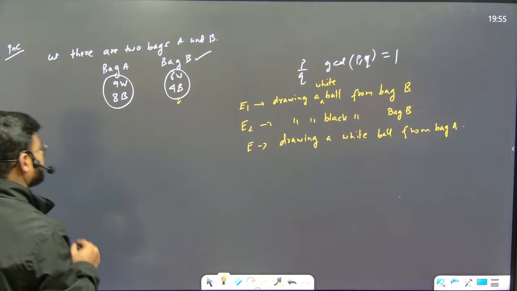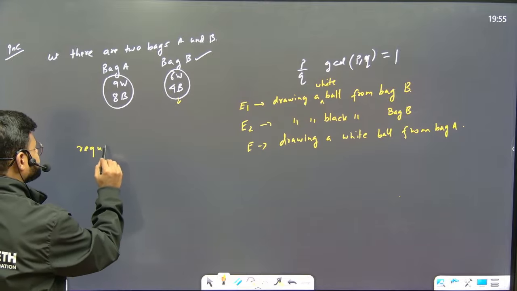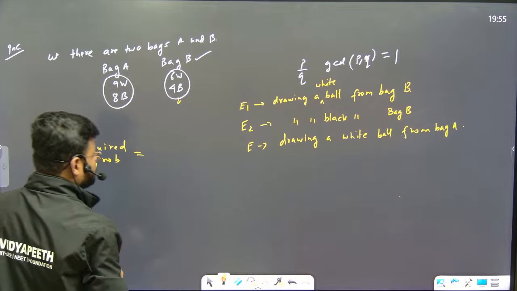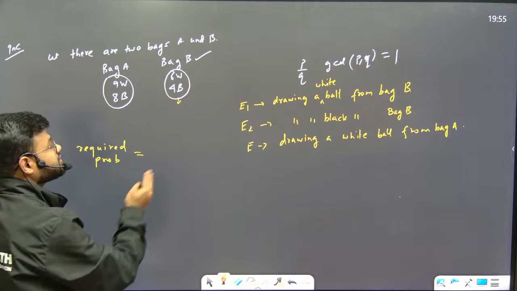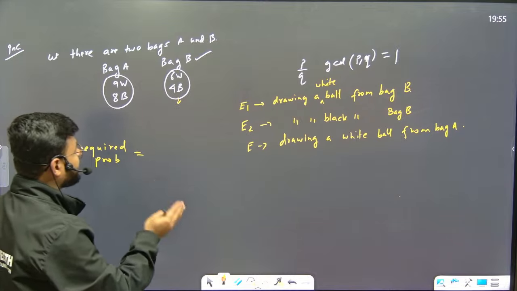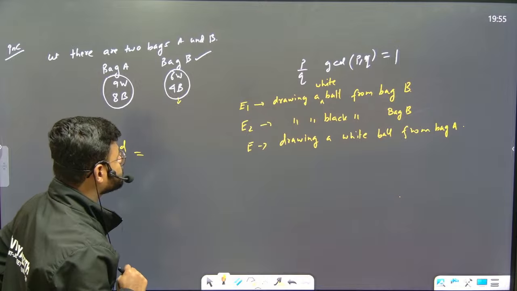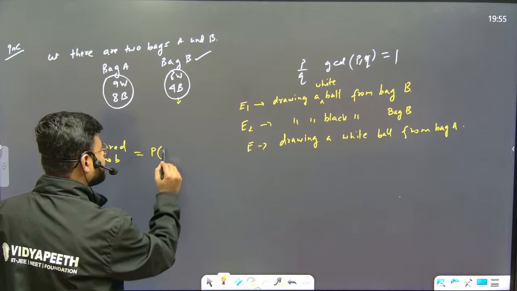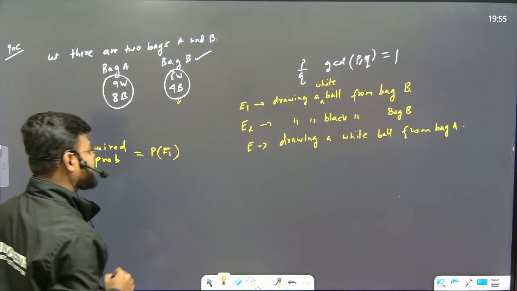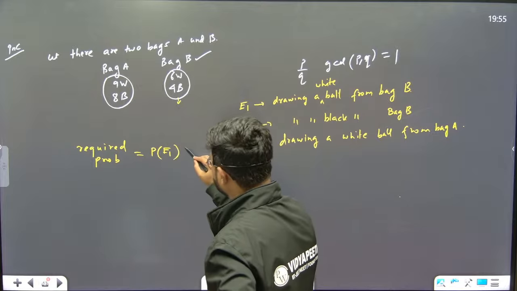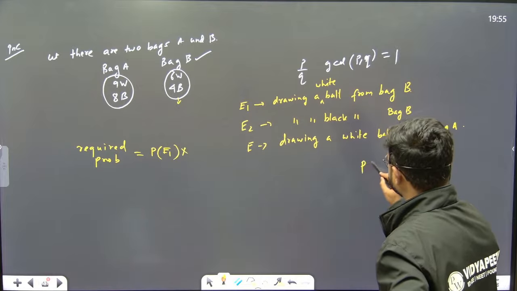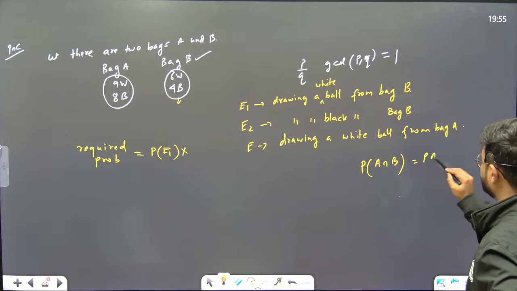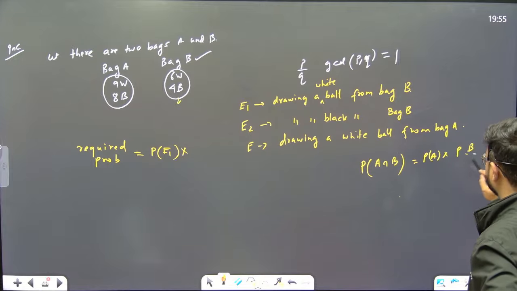So how are we going to find the probability? The first event is drawing a ball from bag B, and after that I am drawing a ball from bag A. So let's mark this event: probability of drawing a white ball from bag B. And we know the condition for conditional probability: for both events to happen together, P of A intersection B is given by P of A multiplied by P of B given A. What does it mean?